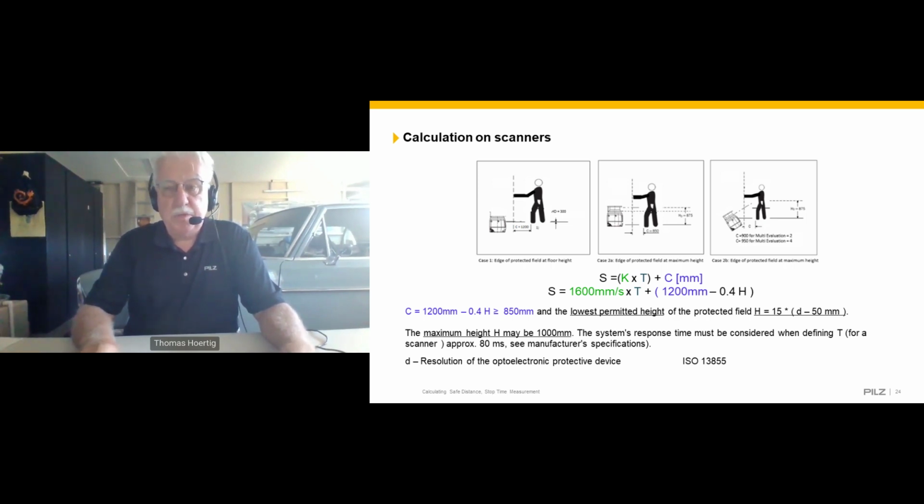Again, you have to make sure you detect the person before that person can reach the hazard. Also, the system response time needs to be considered when defining the time for a scanner, and the scanner itself, our presence sensing device, has a time delay, for example 80 milliseconds, but you will see that specific data for the scanner from the specific manufacturer.